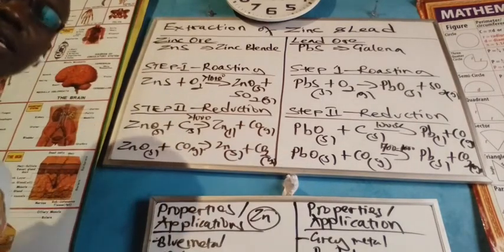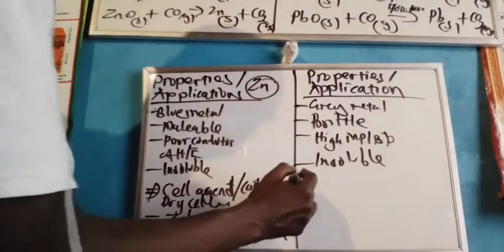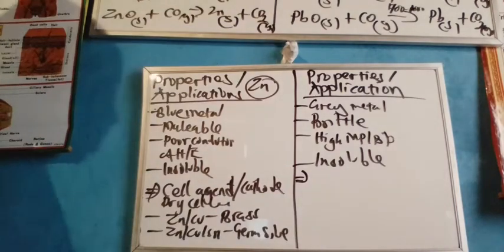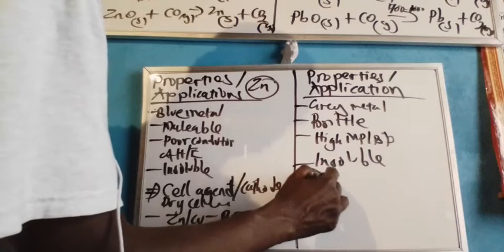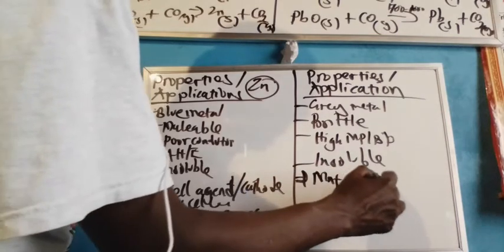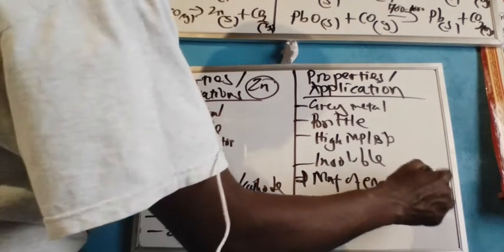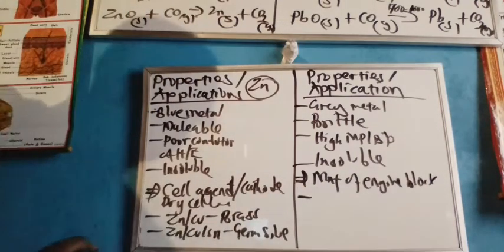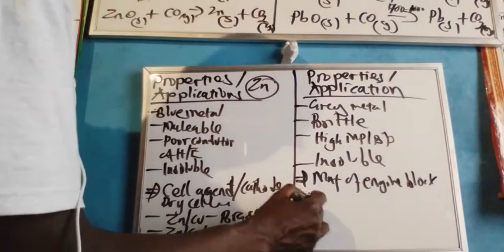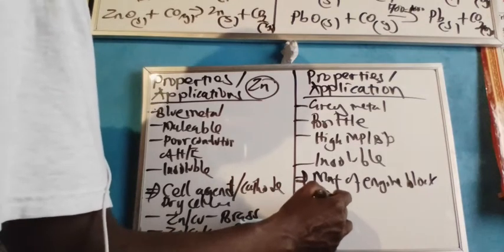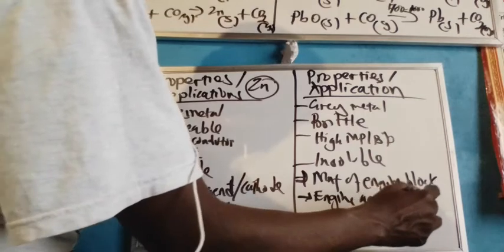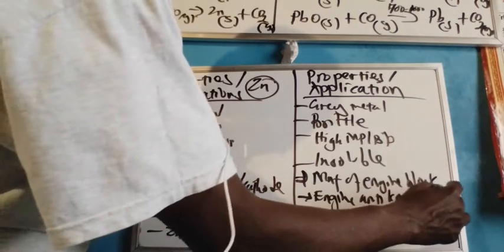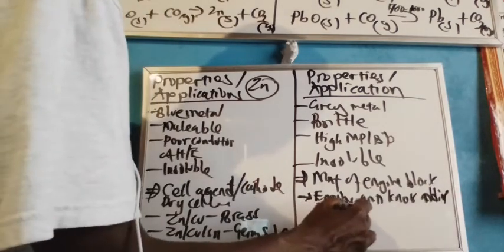Now, lead is used in motor engines to manufacture what is known as the engine blocks. Number two, it is added in fuel to form the engine anti-knock additive, the engine anti-knock additive in leaded fuels.